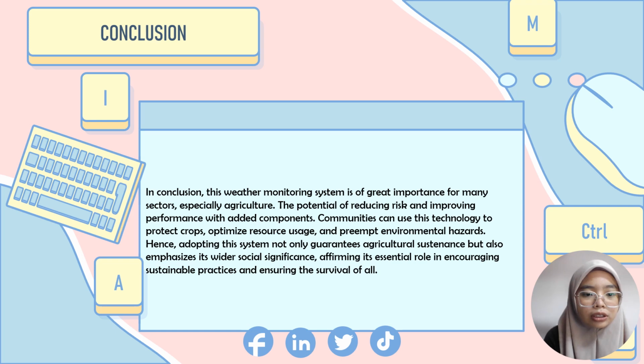Hence, adopting this system not only guarantees agricultural sustenance but also emphasizes its vital social significance, affirming its essential role in encouraging sustainable practice and ensuring the survival of all.